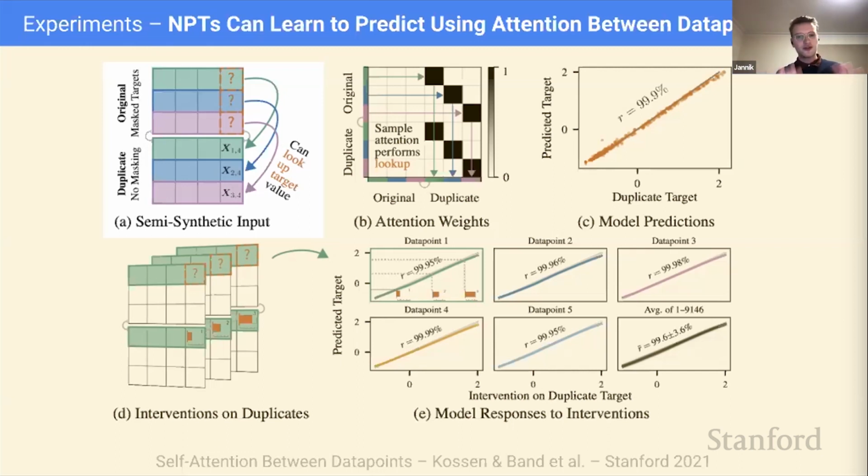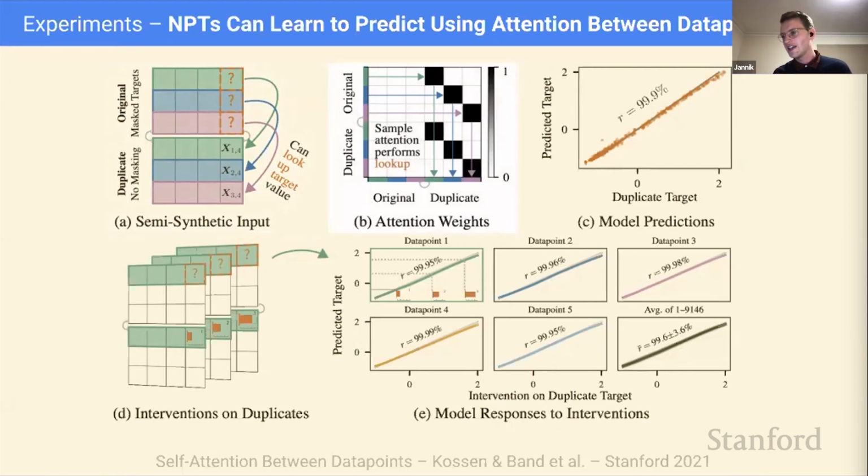And then at test time, of course, we put in a novel test data input where this mechanism is also possible, just to make sure that it hasn't learned to memorize anything, but has actually learned this correct relational mechanism. And so what we see is that indeed NPTs do successfully learn to perform this lookup.